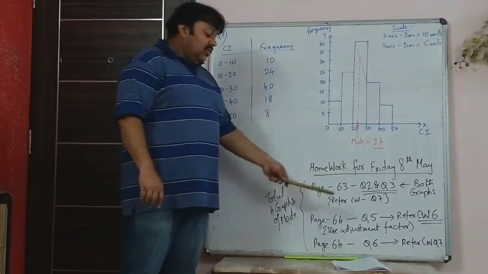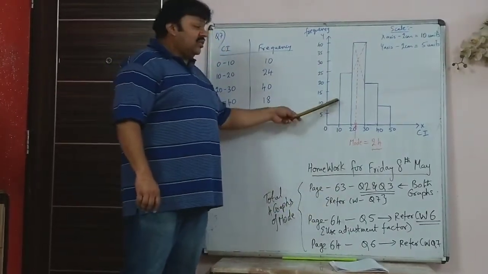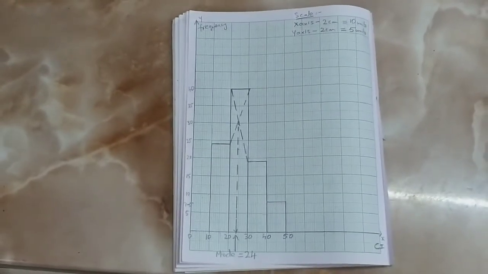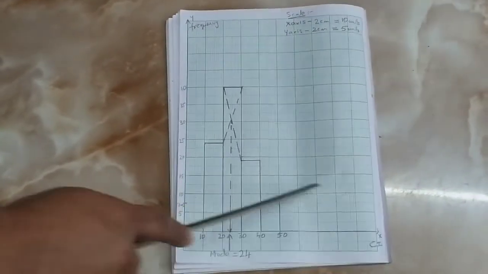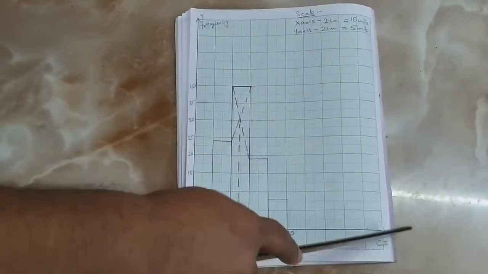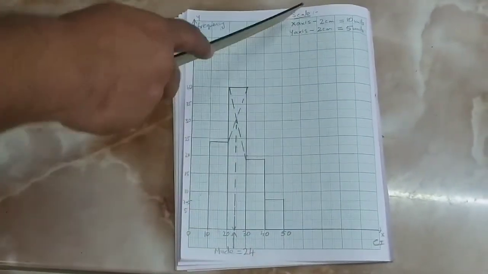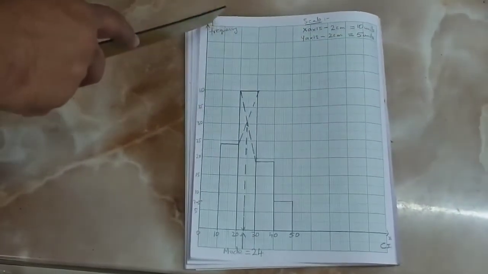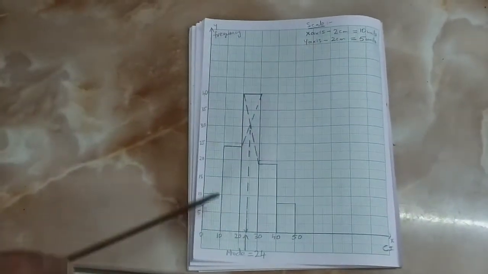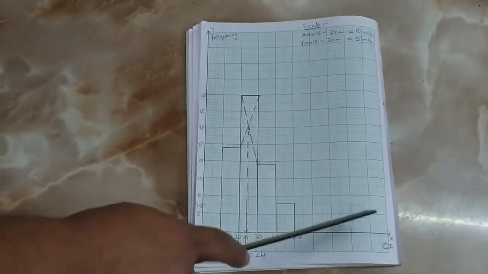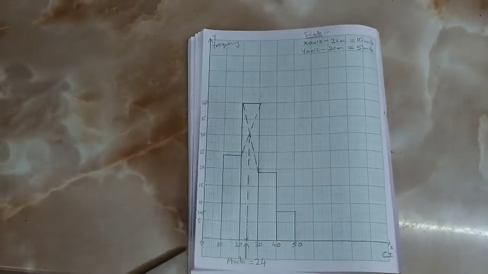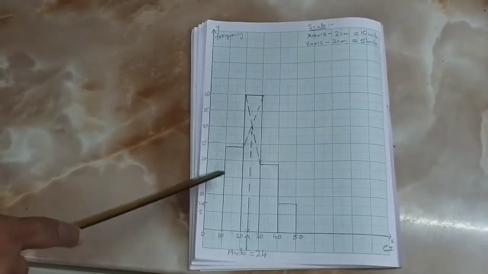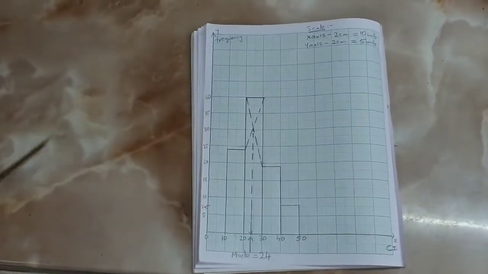I will show you the actual graph of this particular sum now. So that's the actual graph. In this actual graph, the x-axis is class interval, and the scale is written on the top right hand side. The y-axis is frequency, shown as per the columns and as per the size: 0 to 10, 10 to 20, and here it is 0, 5, 10, 15, 20, 25 and so on.